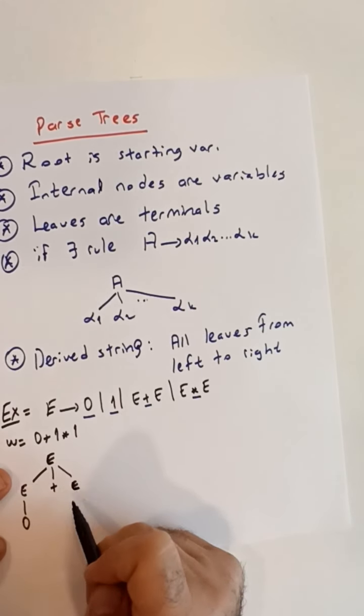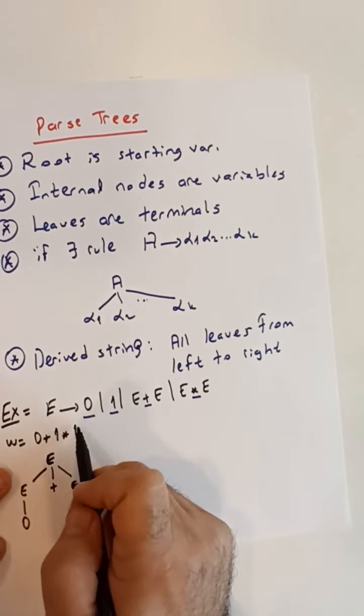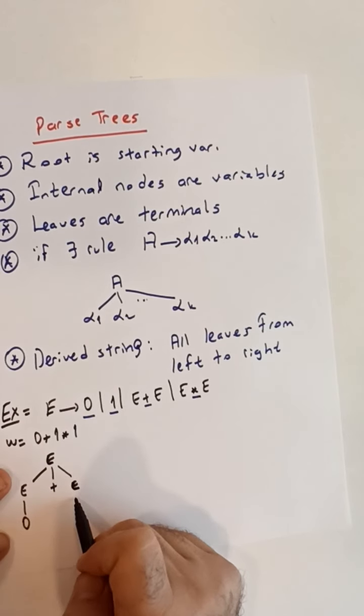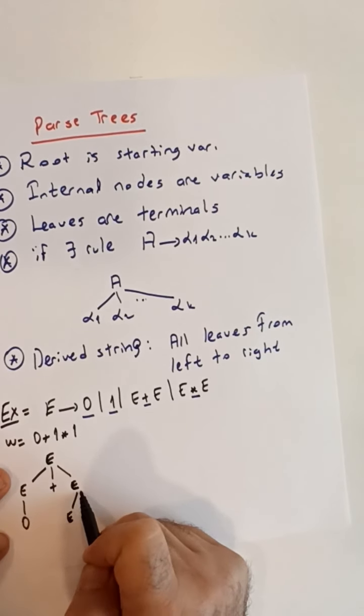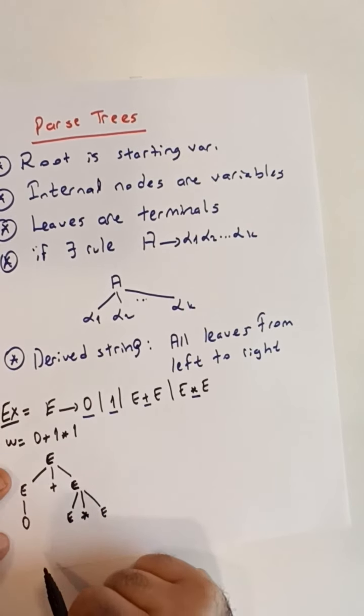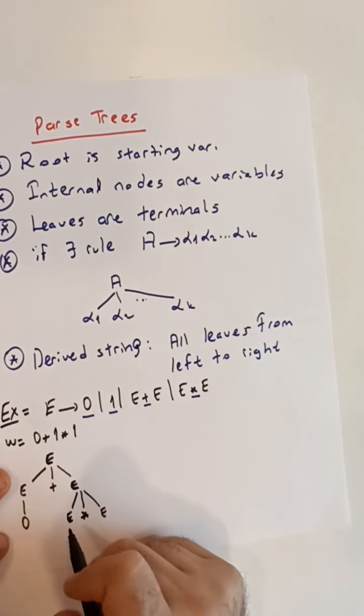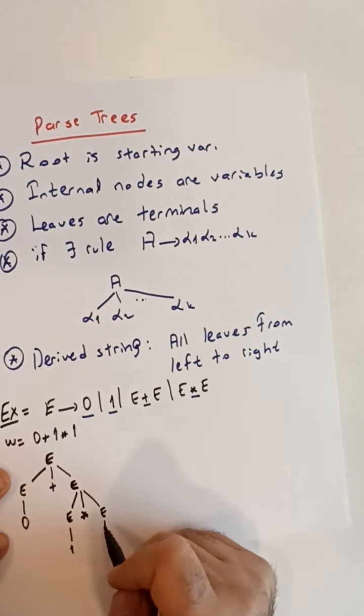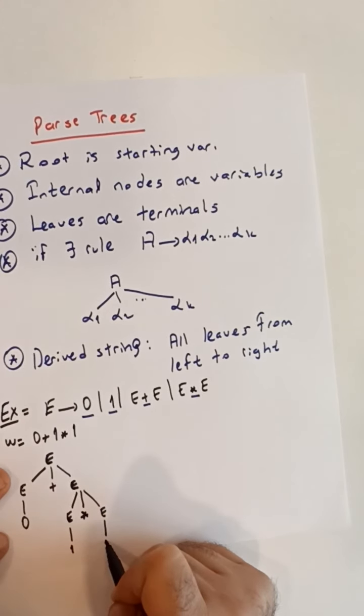For this e, we can expand it with e times e, since we want to arrive at 1 times 1. So e, terminal multiplication sign, and e. For this e, we can simply expand it with the number 1. For this e, we can expand it with number 1.